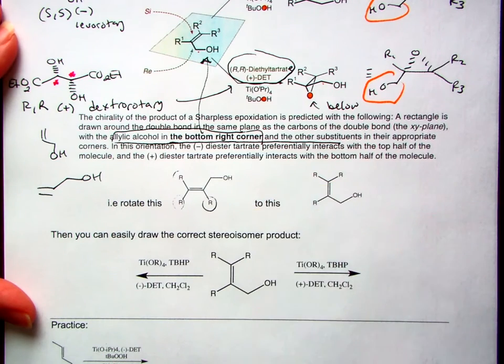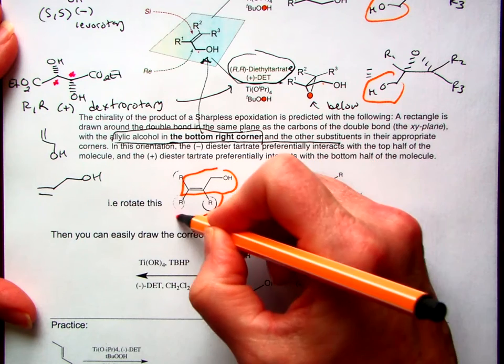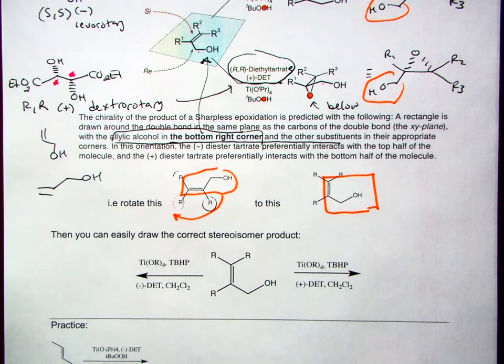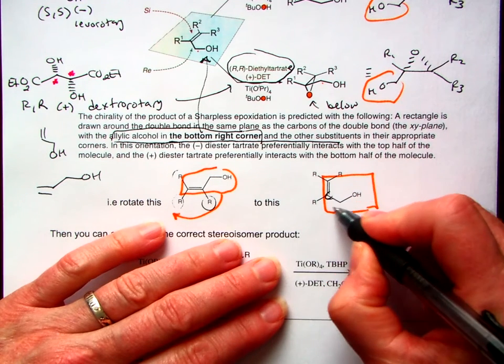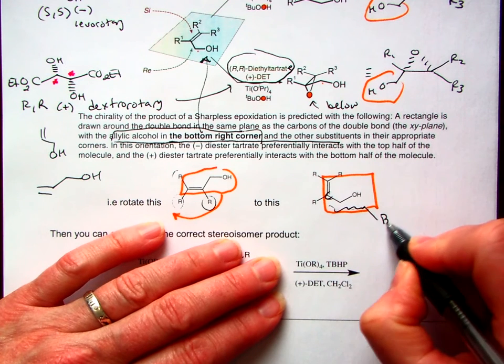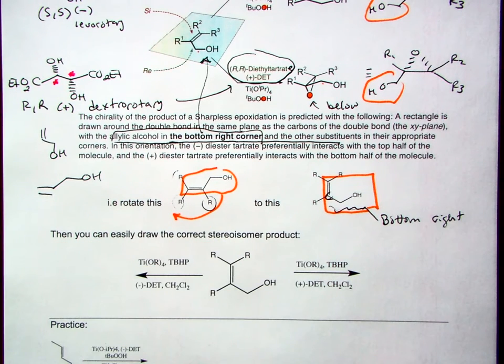You have to rotate this whole thing, swivel it over, so my orientation looks like this, set in a plane. Essentially you're always going to put this carbon with its allylic alcohol, which always has to be there for this to work, in your bottom right hand quadrant, if you want to think about it that way.